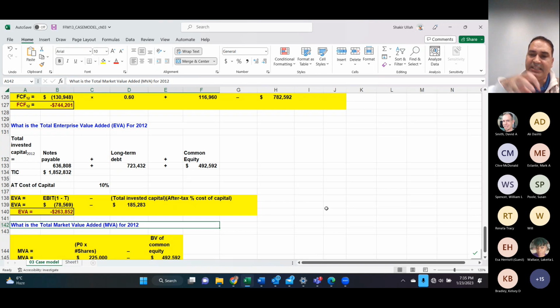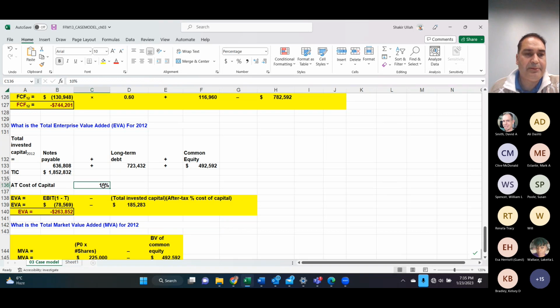So any investment by investors made in the business is what we call the total invested capital. And every investor is expecting a return on their investment. So in this particular case, the after-tax cost of capital is 10%. All of these investors are expecting on average 10%. We'll be talking about cost of capital later in a separate chapter. But for now, we just assume that it's 10%.